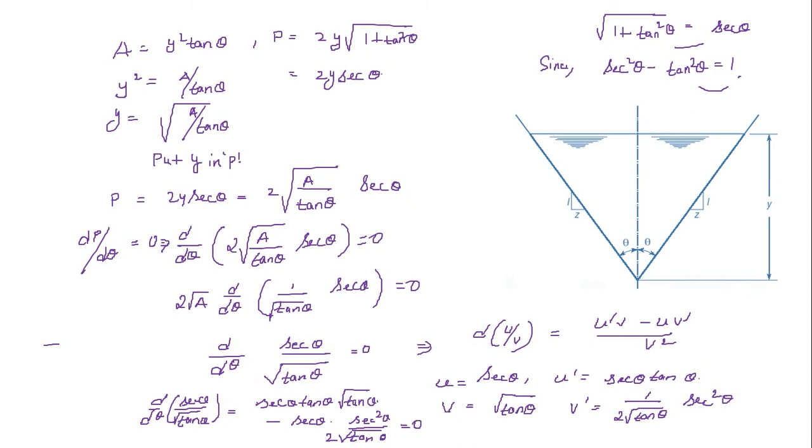Okay, let me write this equation again, for your reference, to make it easier for you to understand here on the screen. So finally dP by d theta equals to 0. That implies what we got here is d by d theta of secant theta by root over tan theta equals to 0.